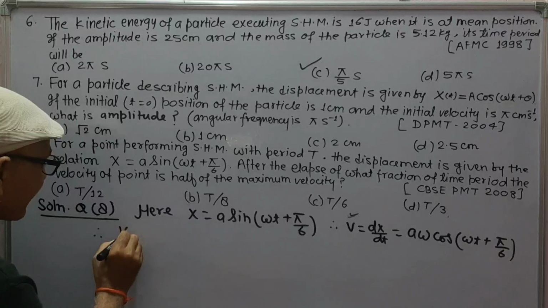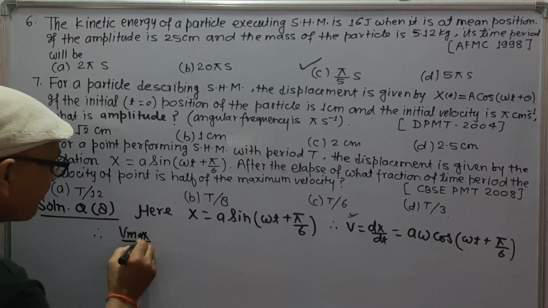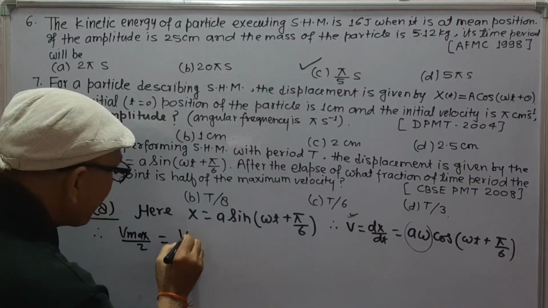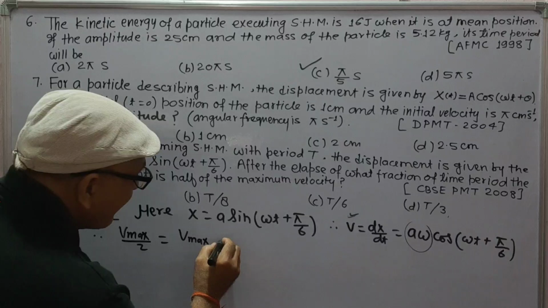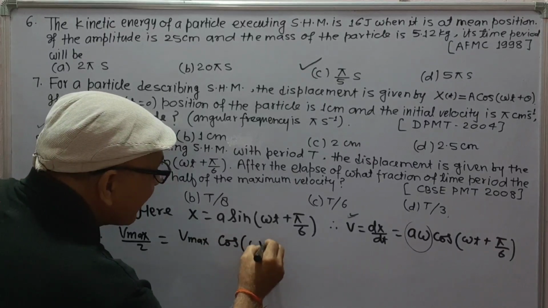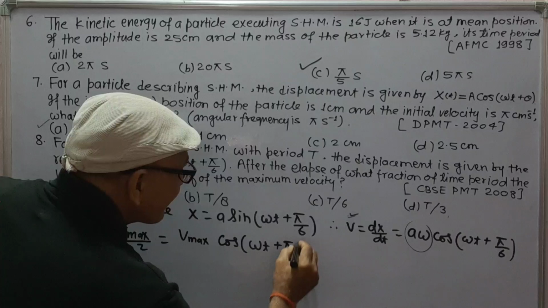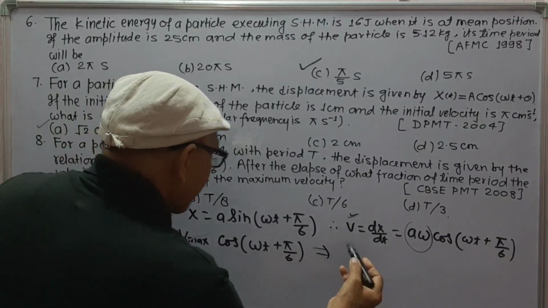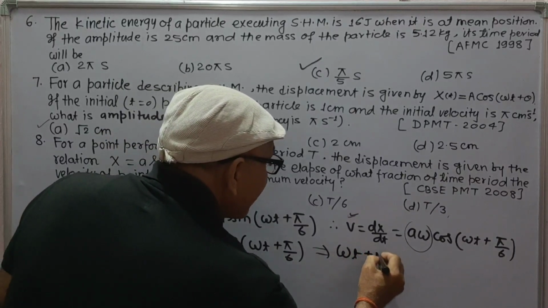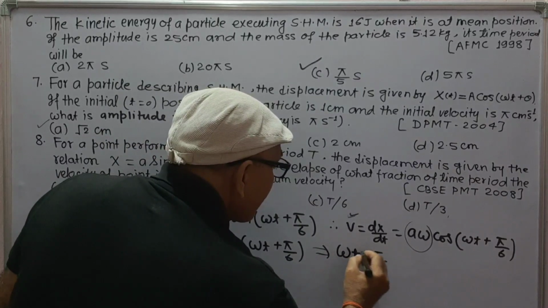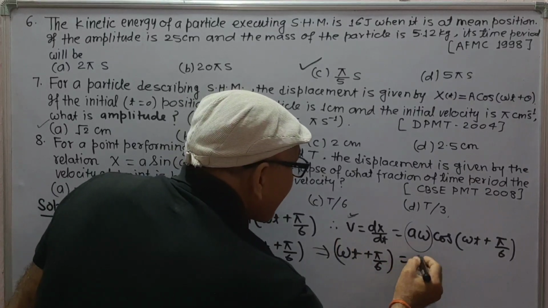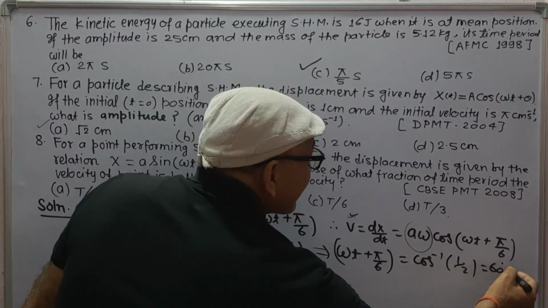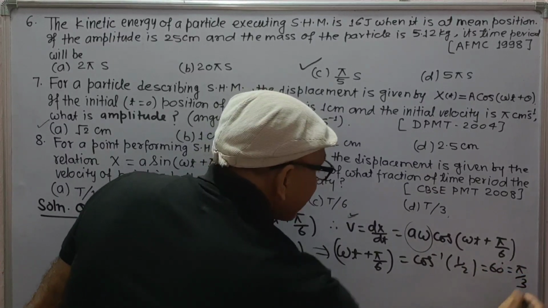So v can be replaced by v max upon 2 is equal to, again a omega is v max, and 2 cos (omega t plus pi by 6). V max cancels out and we get omega t plus pi by 6 as cos inverse of 1 by 2, that is 60 degree, that is pi by 3 radian.